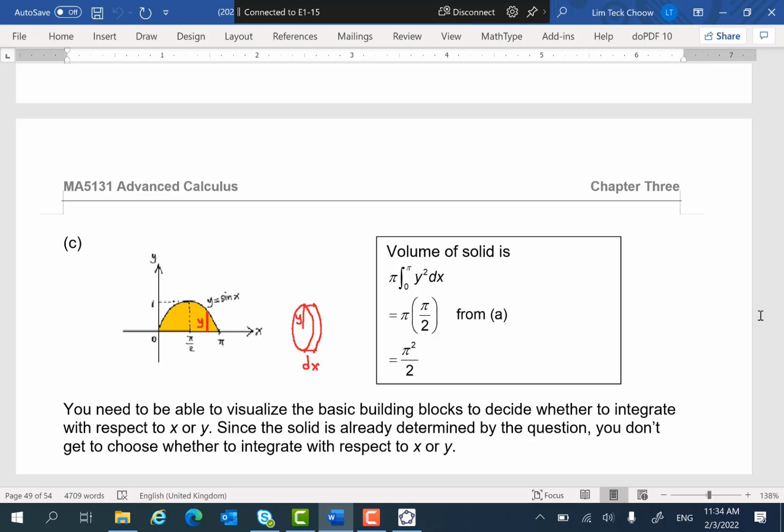Actually, part D is the hardest. What about part D? Part D wants you to find the volume of the object when it is rotated about the y-axis.